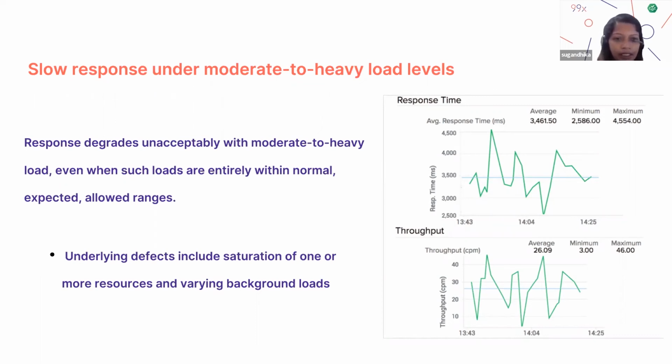As explained to Gangani, 1x is the expected load. When we are reaching there, you get the performance issue. That is allowed, we should be able to cater that load, but we can't reach it because of the performance issues. We can identify this with the response time deviation.